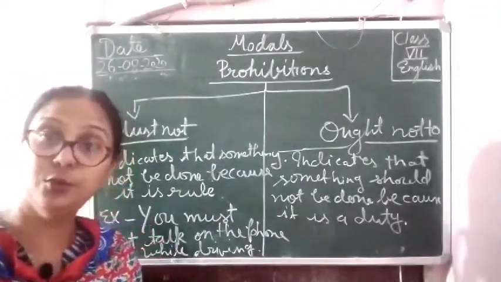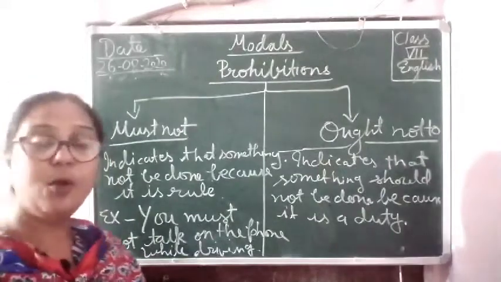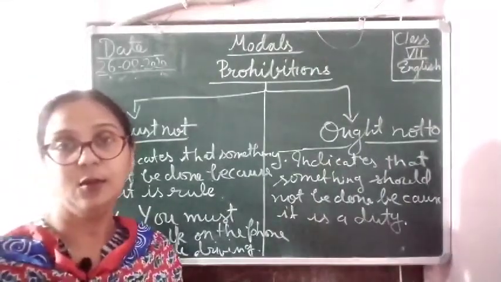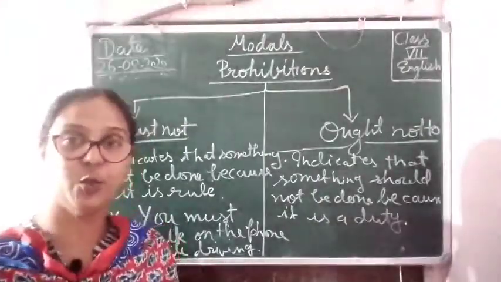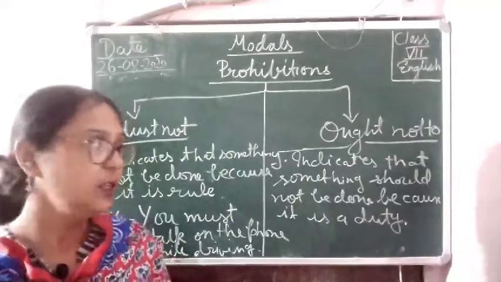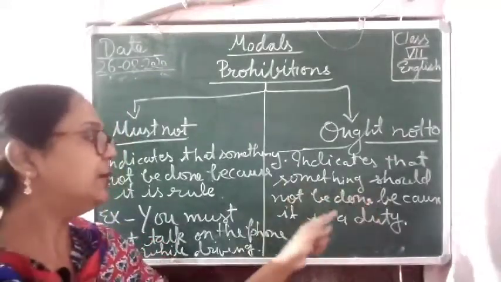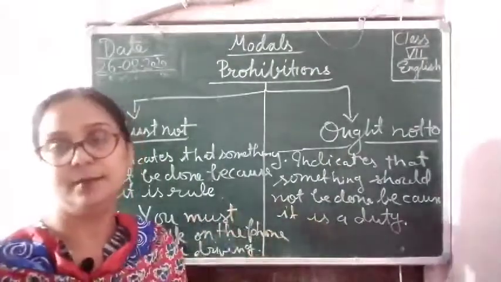So it is your duty. Whenever ought not to or ought to is expressing or talking about the duties of a person. So here it indicates that something should not be done because it is a duty.